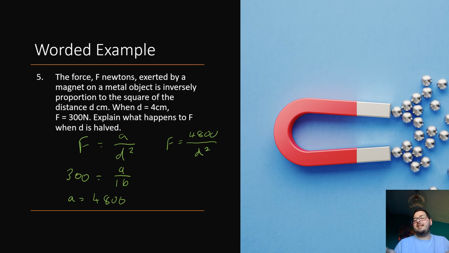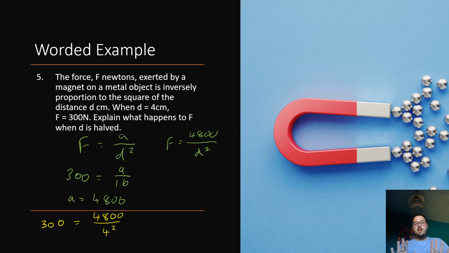Okay, so that's our formula for F. But the question isn't asking us that. The question's asking us what happens to F when d is halved. Okay, well, let's have a little think about this now. So if d is halved, let's put in some numbers and see what happens. So we know that 300 equals 4,800 over 4 squared.